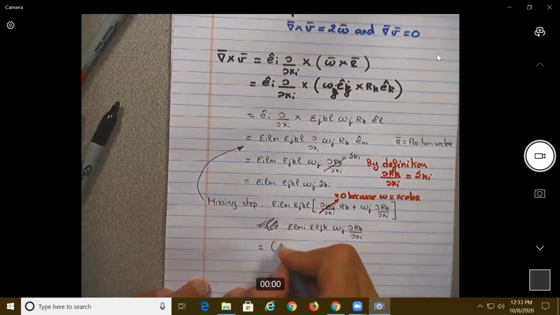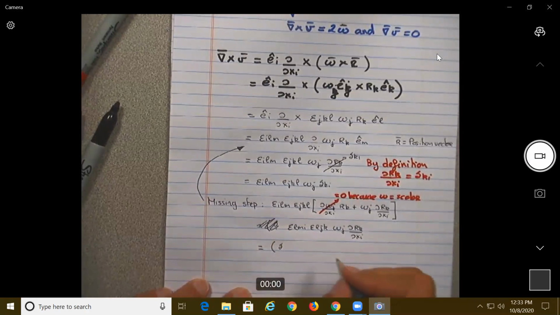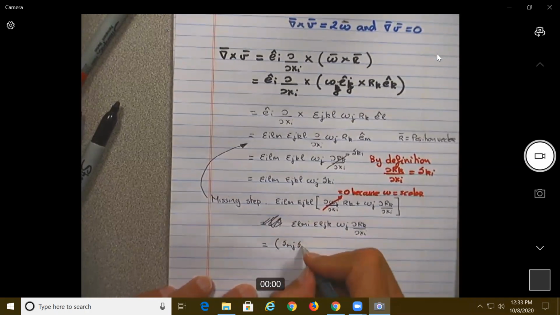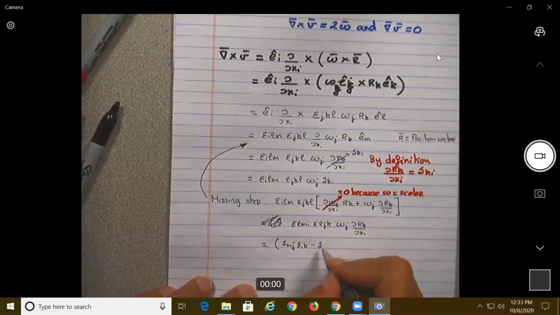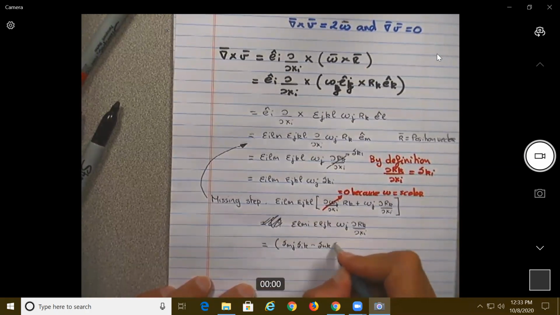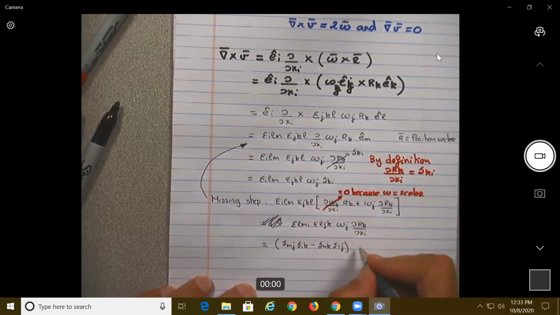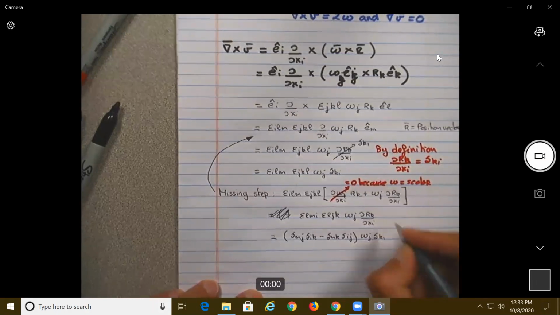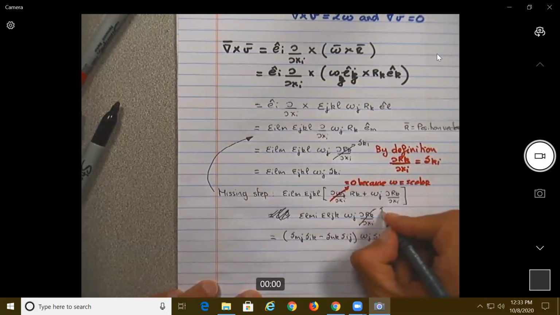And this will give you delta_mj delta_ik minus delta_mk delta_ij. And I didn't change notation, so it will be omega_j of delta_k I.